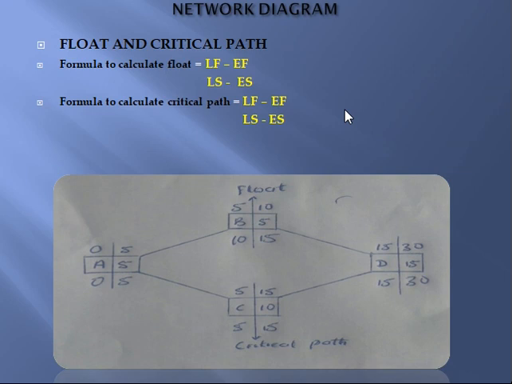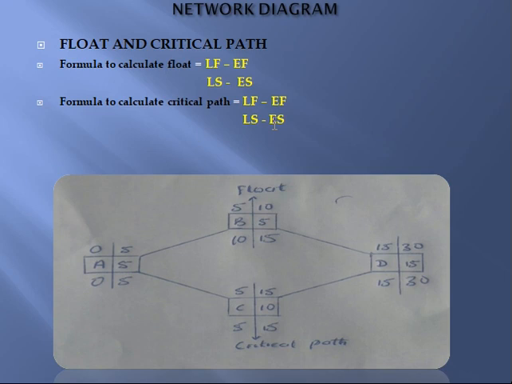You understand? So for this particular one, let's start with the float. Or let's just calculate so that you understand the float and the critical part. Now, for the formula for the critical part, we use LF minus EF and LS minus ES.